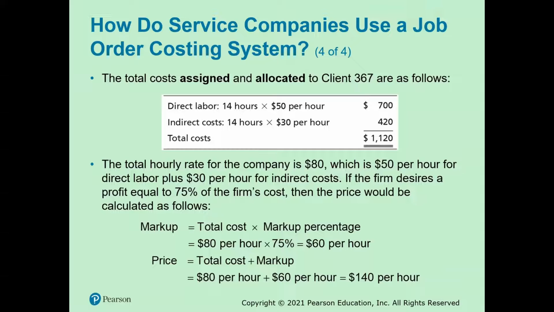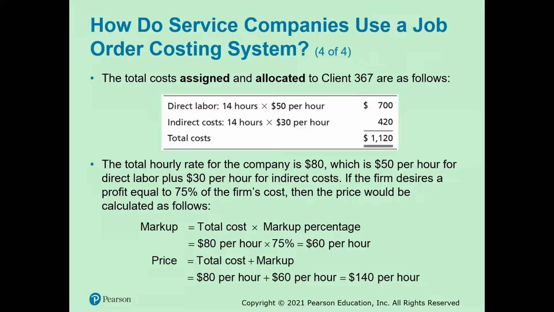Here on this slide, it shows the total cost assigned and allocated to client number 367. The total hourly rate for the company is $80, which is $50 per hour for direct labor plus $30 per hour for indirect costs. If a firm desires a profit equal to 75% of the firm's cost, then the price will be calculated as follows.